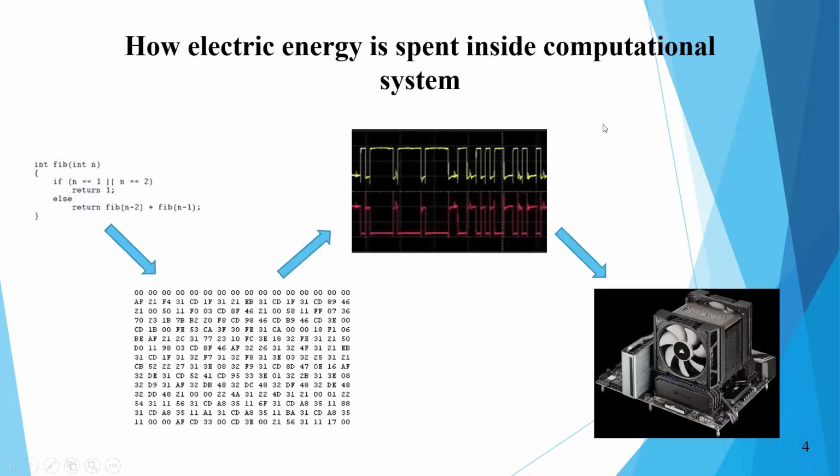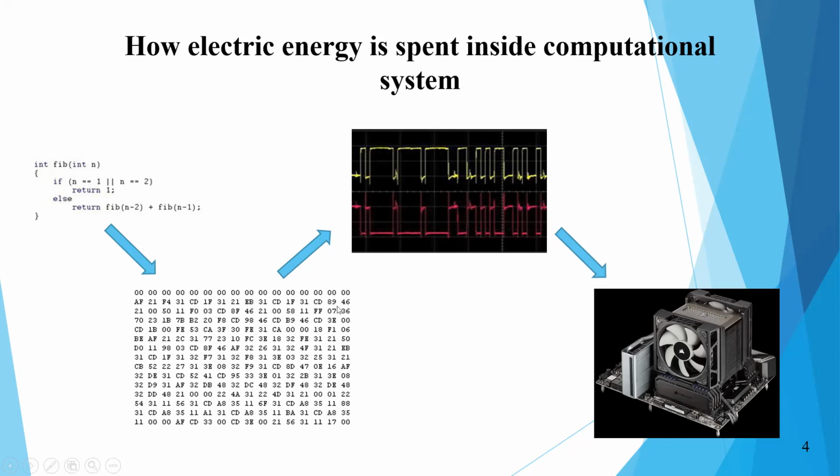What is the relation between software and hardware, especially of electric power consumption? As you can see, if we have some software code, it will be compiled or produced in another way for the central processing unit.